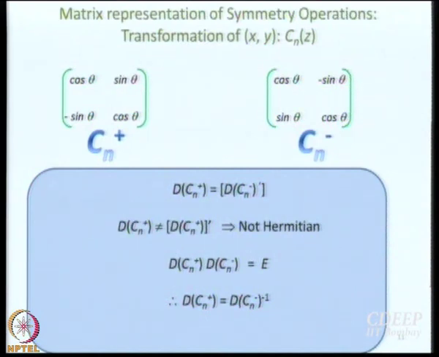We could have said that D(Cn+) is the inverse of D(Cn-) without doing all this, right. Think of rotation by 120 degrees. This is plus, this is minus. Are they not inverses of each other, right? It is just that we have worked it out for a more general case a little more rigorously, alright. So D(Cn+) is the inverse of D(Cn-).